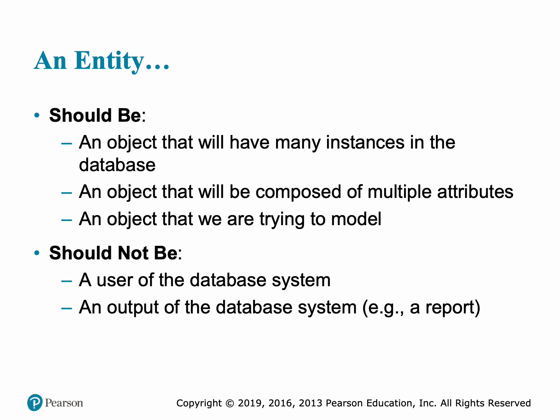So an entity should be an object that will have many instances in the database, an object that will be composed of multiple attributes, an object that we are trying to model. An entity should not be a user of the database system, an output of the database system, or a report.